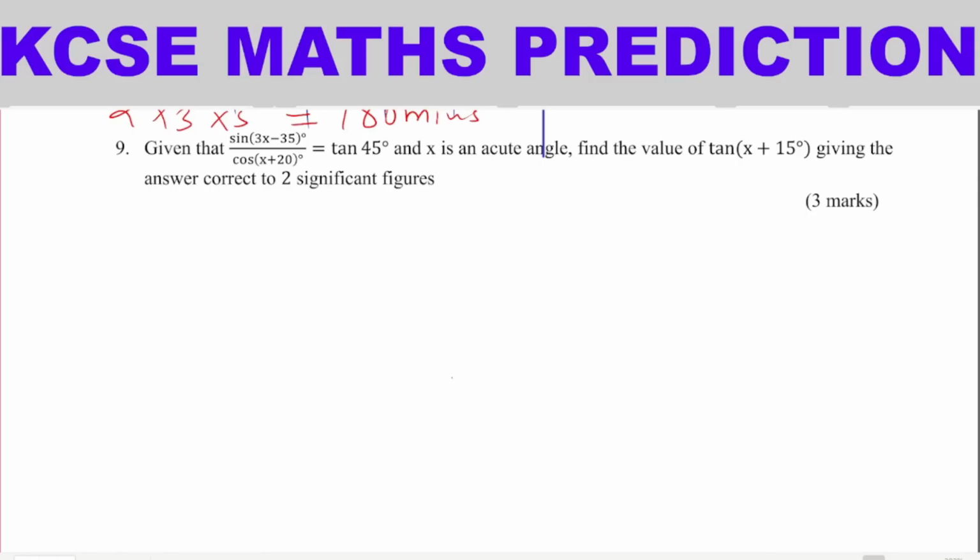When you look at this question, you need to understand from the special angles, tan of 45. Using this triangle that I'm going to draw here can assist you to get the tan of 45. This is an isosceles right-angled triangle.